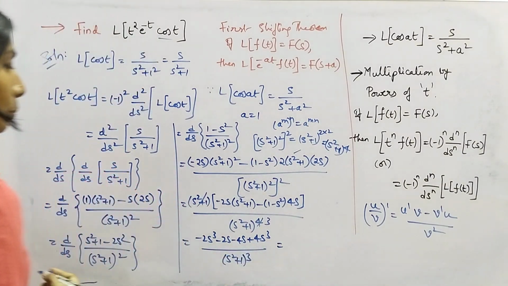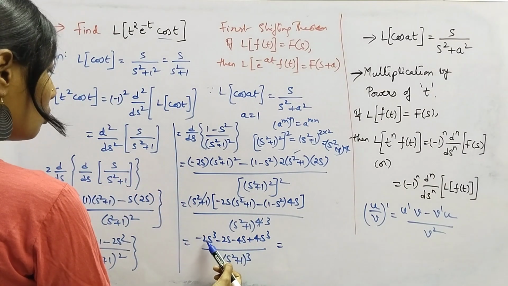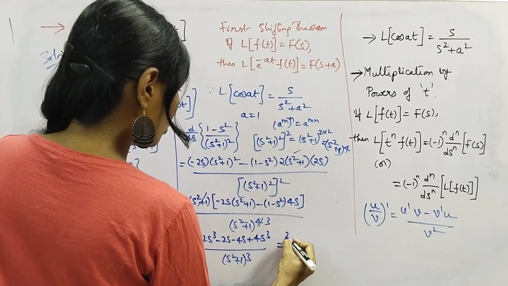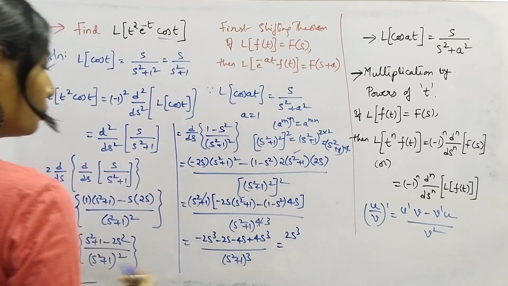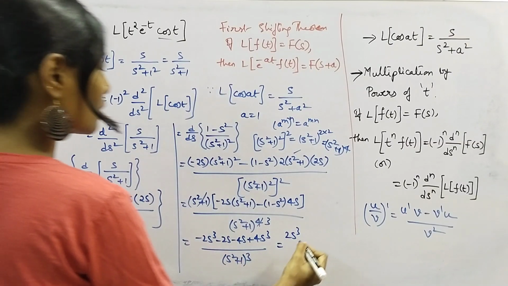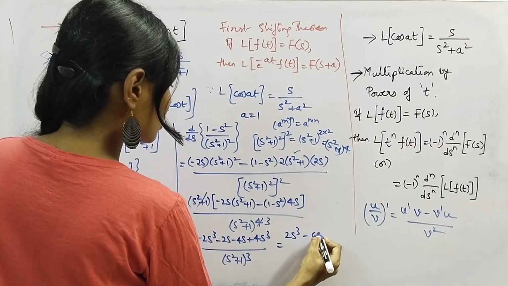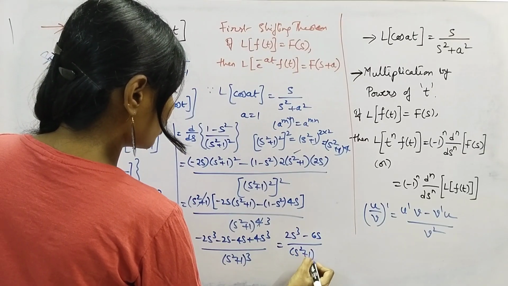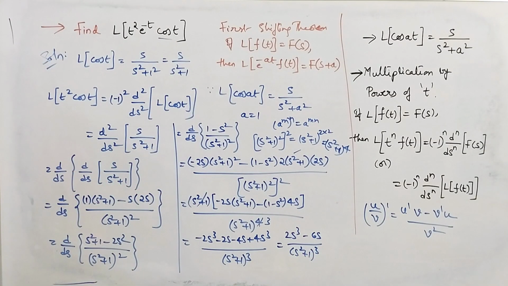This gives us minus 2s cube plus 4s cube gives 2s cube, minus 2s minus 4s gives minus 6s, by (s square plus 1) whole cube.